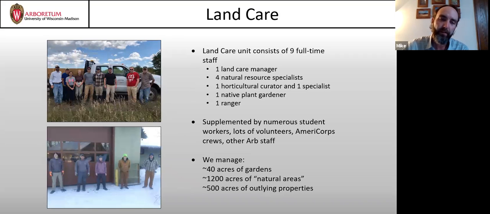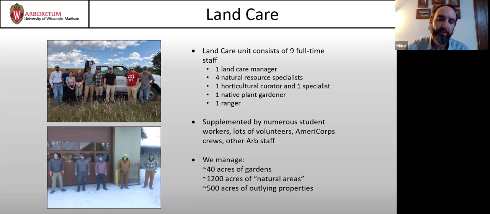The Land Care unit individually consists of 9 full-time people. There's me, the Land Care manager. Thinking of me as a Land Care manager, it's a little bit different than being a land manager. That's a big part of what I do at the Arboretum, but I'm really the manager of this unit of people.